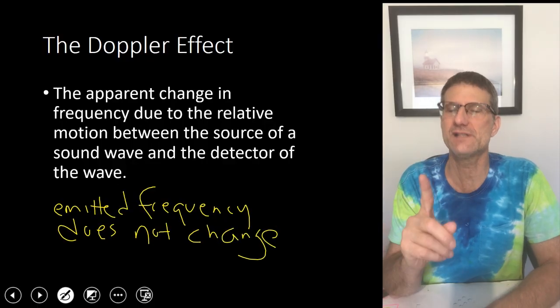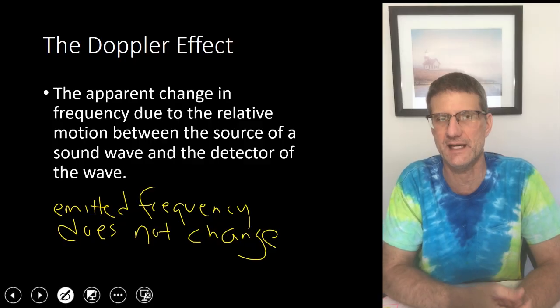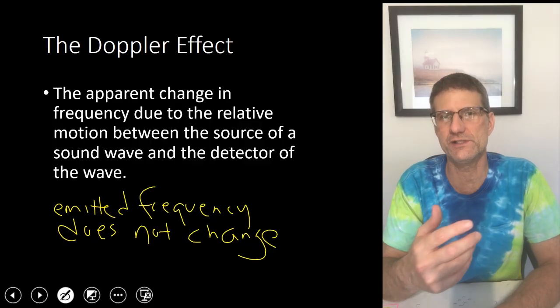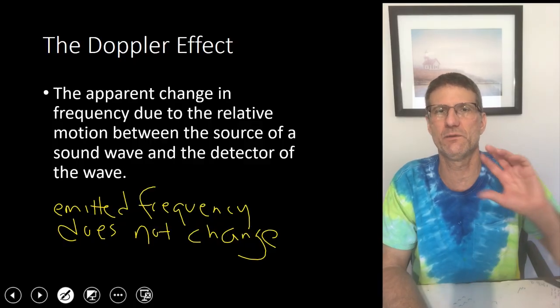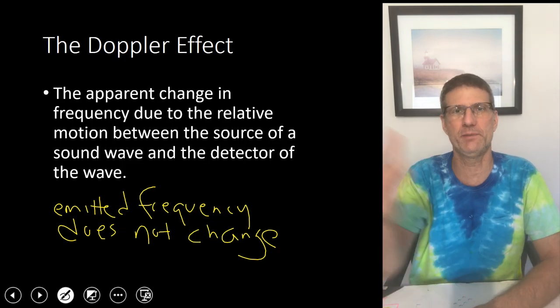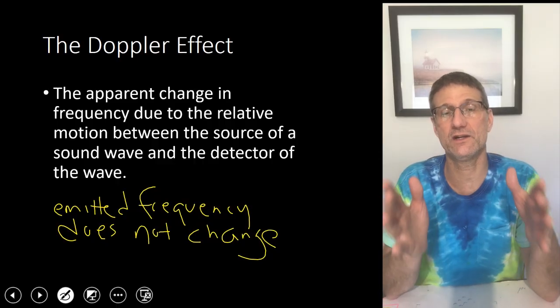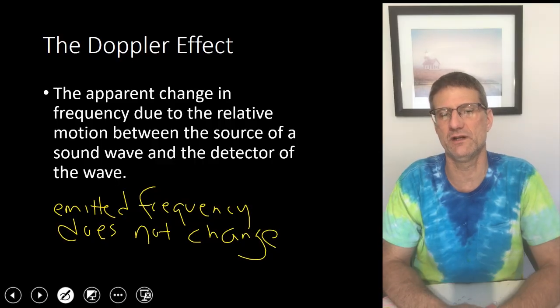But it sounds different based on the motion of the source compared to the camera, the detector. As the truck approaches the camera, the pitch is different than when it leaves. And we can hear that transition. It goes from a higher pitch to a lower pitch. That's the Doppler effect, and it occurs because of the motion of the source.